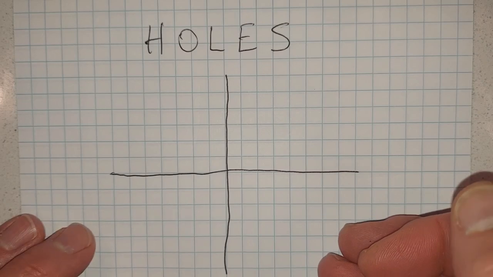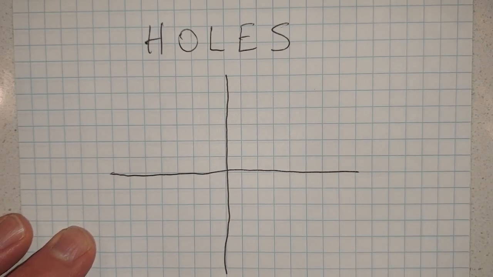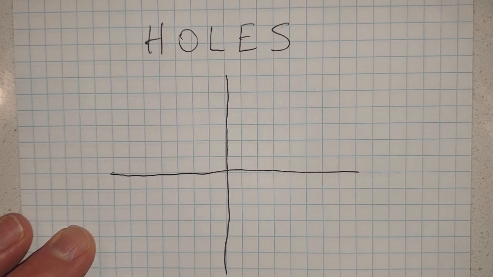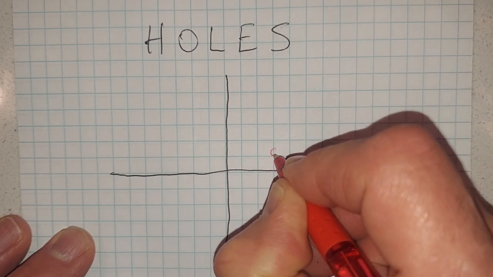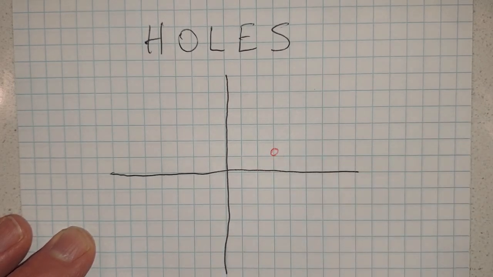Now, a rational function may also have one or more holes in the graph. A hole is not a line, it's just a point on the graph where the x value is not in the domain of the function. So a hole would be represented like this. You just draw a hole there.